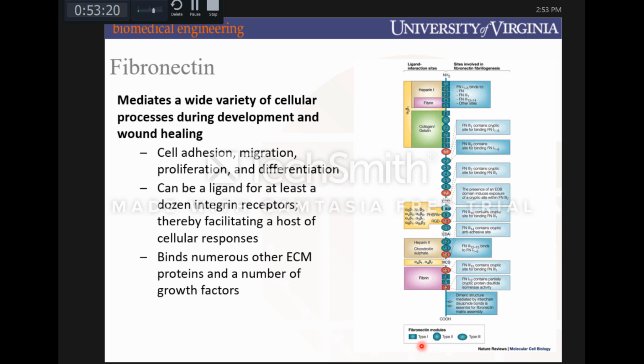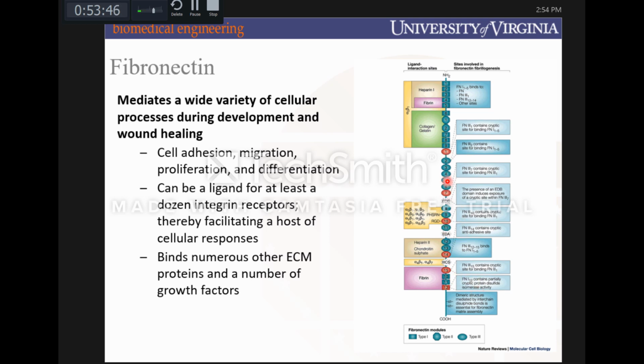You don't need to know too much about them. What is useful to know, and we'll talk about again in a second, are the ellipsoid ones, these type 3 repeats. There are a ton of them in the middle, and because they don't have disulfide bonds, they can actually, in response to mechanical force, be unfolded. The molecule doesn't snap, but if these two sides are both attached to things that are moving apart, it will actually cause this center region to unfold.